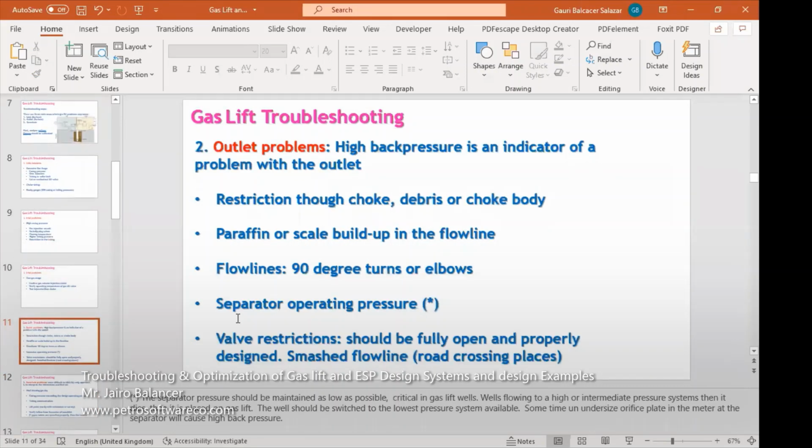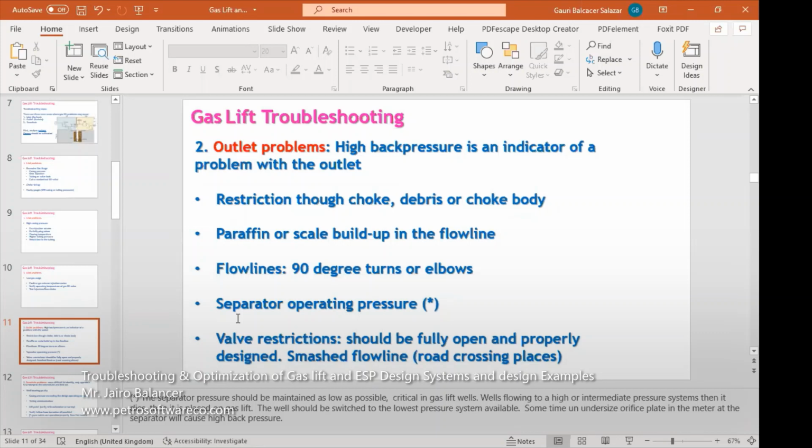Then the outlet problems, again, from the wellhead to the separator. High back pressure is an indicator of a problem with the outlet. Restriction through the choke, debris, or maybe some solids.